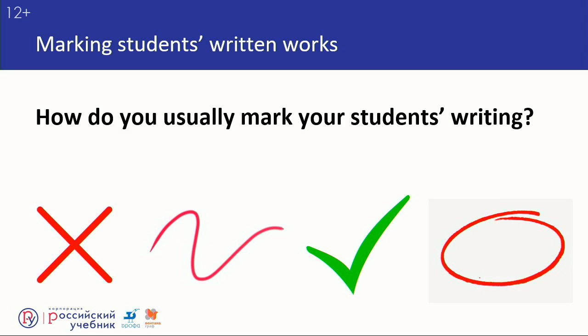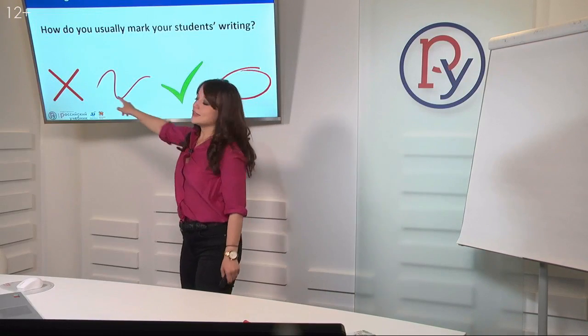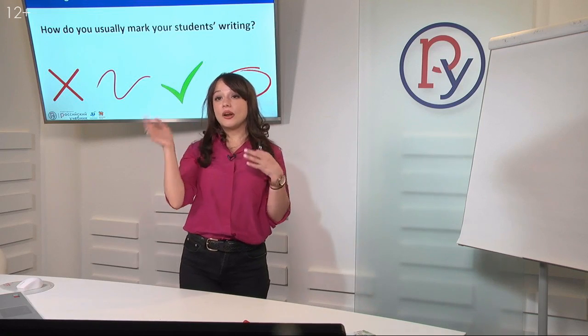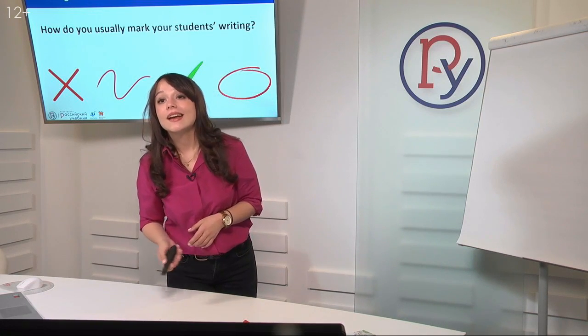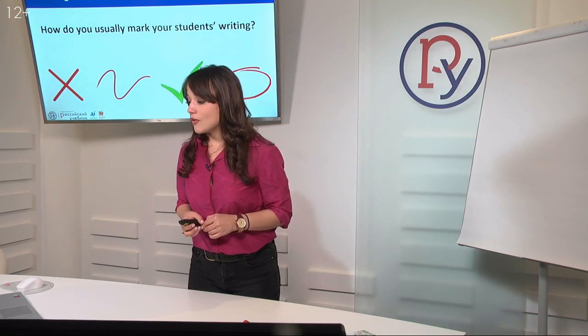Now, how do you usually mark your writing? Many of you have already mentioned that we don't actually use a red color, right? That is not one of the marking styles that you use when correcting your student writing.